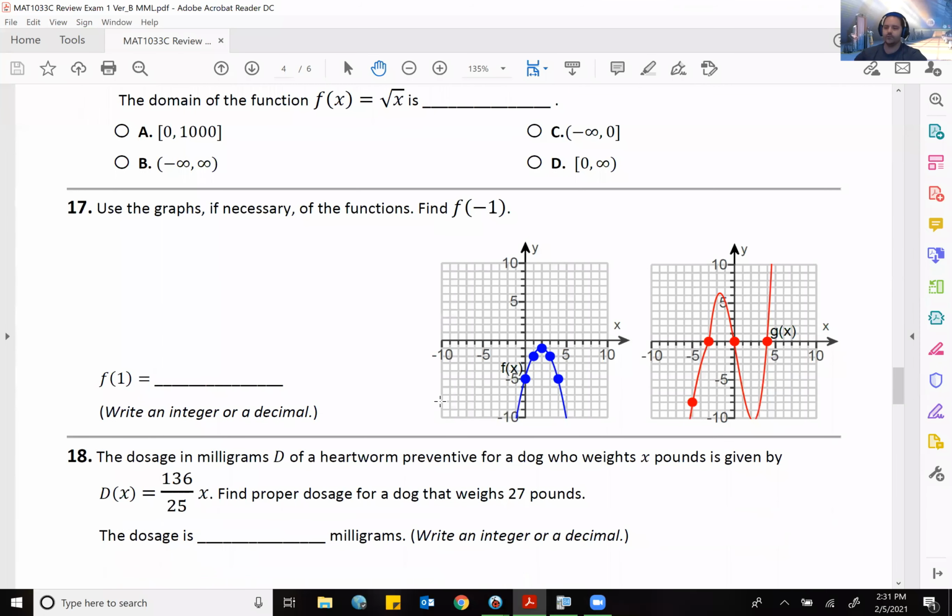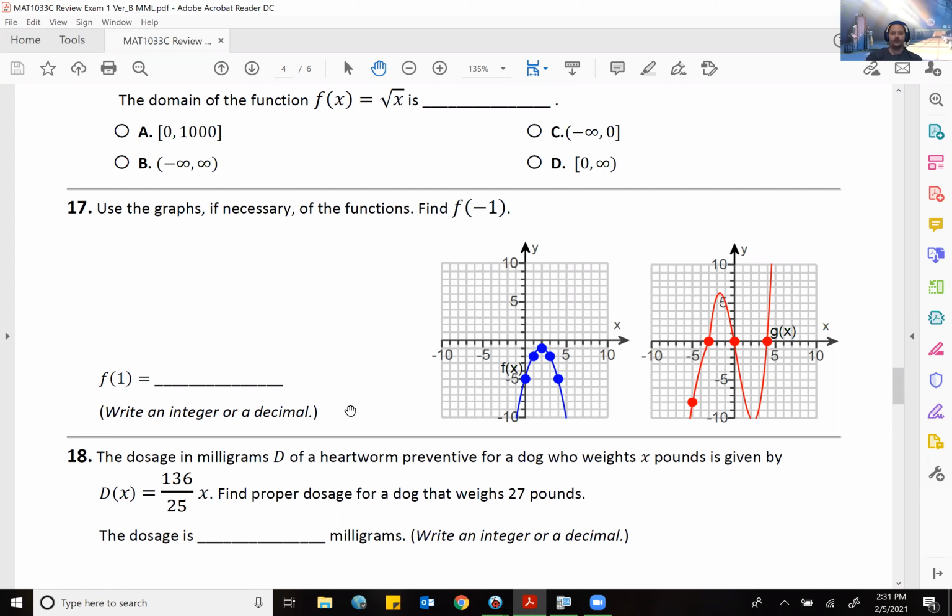In here, all they want you to do is tell me what f of -1 is. But they give us two graphs. One of them is f of x, one of them is g of x. Do I look at both graphs? Just the f of x one. Which color is that? Blue or red? Blue.